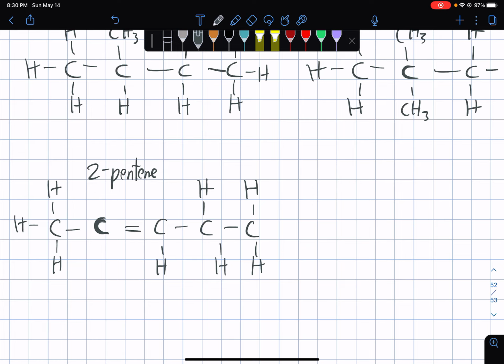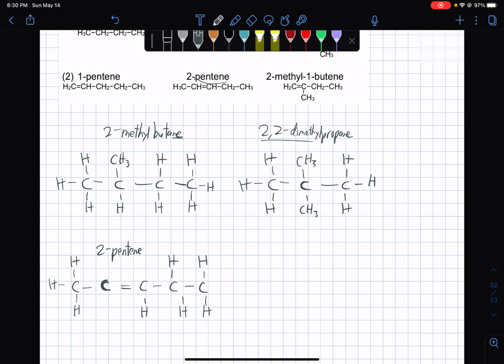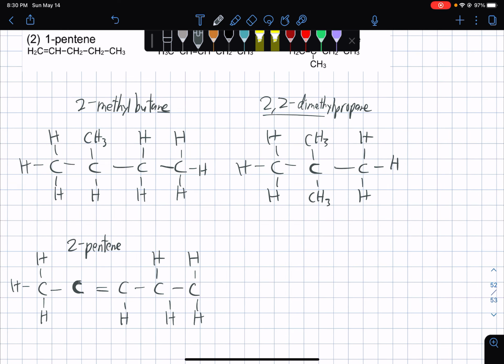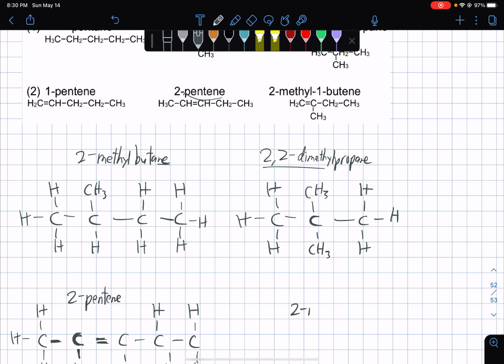So that's it for 2-pentene. So far so good. Wait, no, I'm supposed to write another hydrogen there so that it makes 4. 1, 2, 3, 4. Okay, that's for 2-pentene.